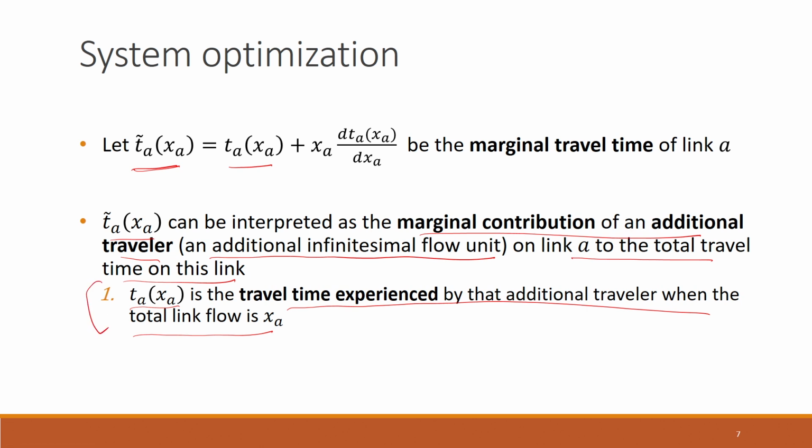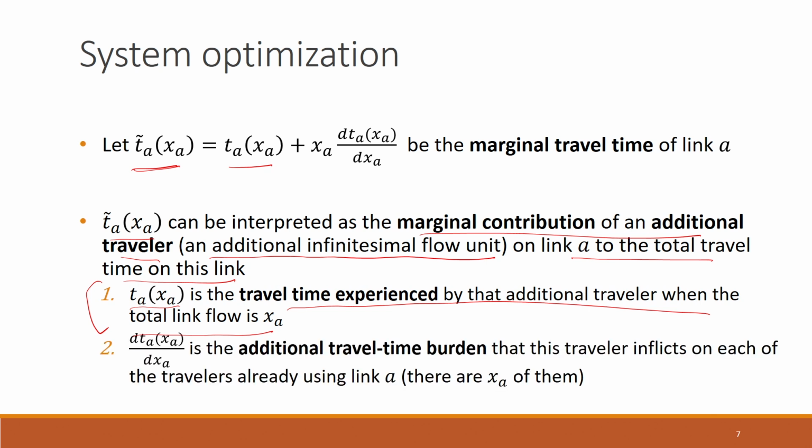And to the flow that was already existing before, the additional travel time burden is given by dt_a/dxa. This is the rate at which the travel time increases if you change flow. Okay, so this is the additional travel time burden that this traveler inflicts on each of the travelers already using link A. And since there are xa of them, that is why we have multiplied xa by dt_a/dxa.